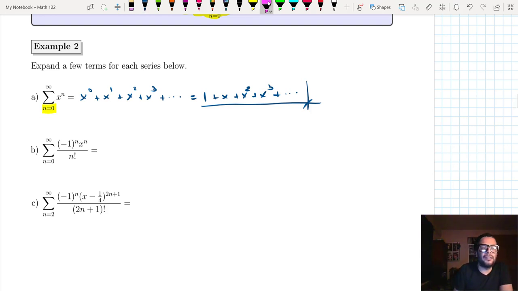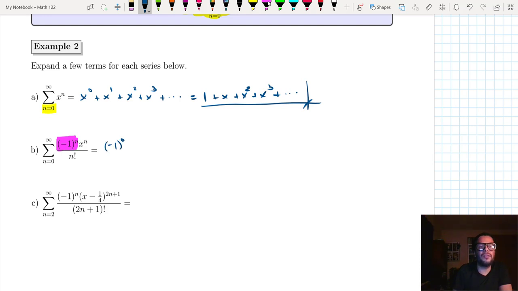Watch out with this guy on letter B right here: negative 1 to the n power. Again, that's called an alternating factor. That's going to make our series alternate between plus and minus. So let's expand, writing every single detail.